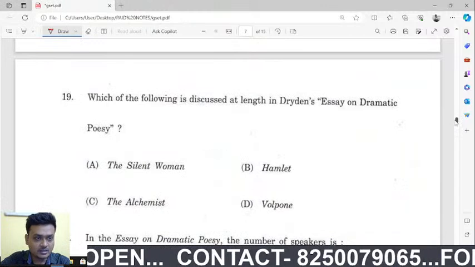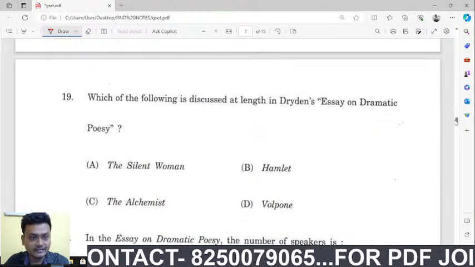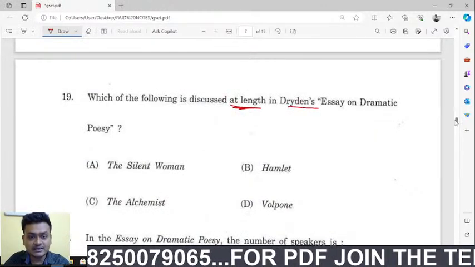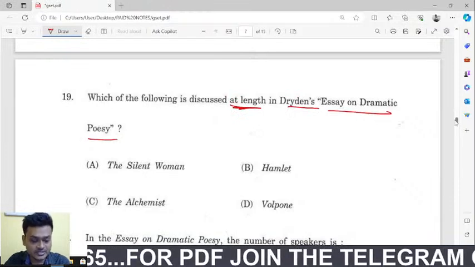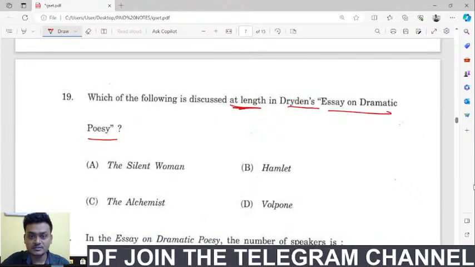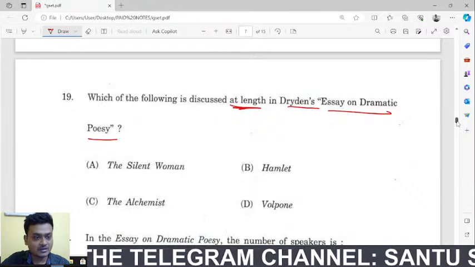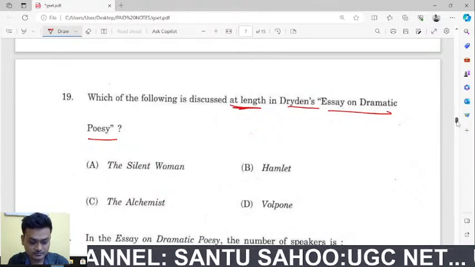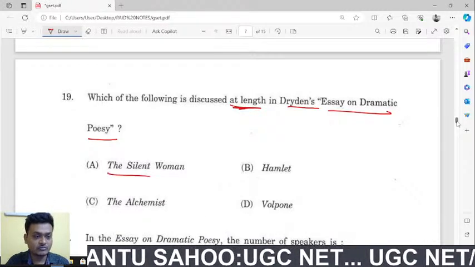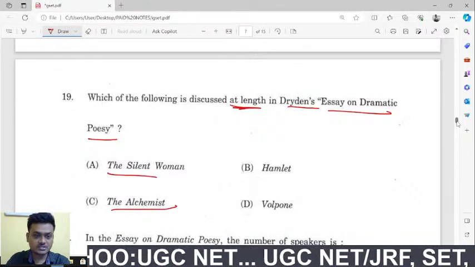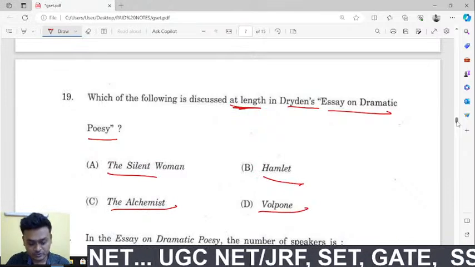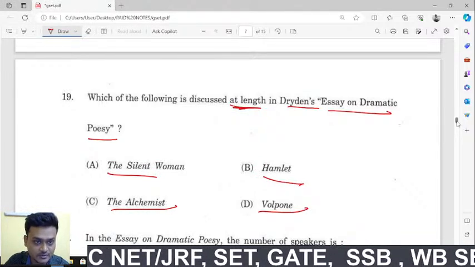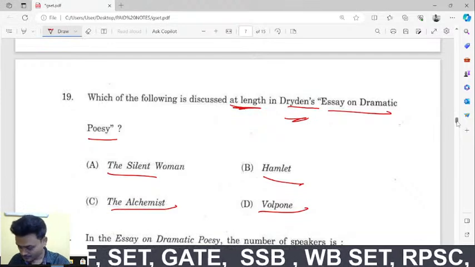Which of the following is discussed at length in Dryden's essay on dramatic poesy? The Silent Woman, the Alchemist, Hamlet, Volpone.